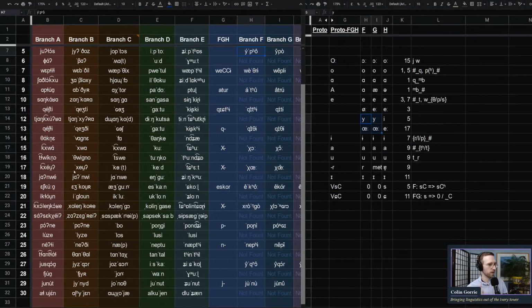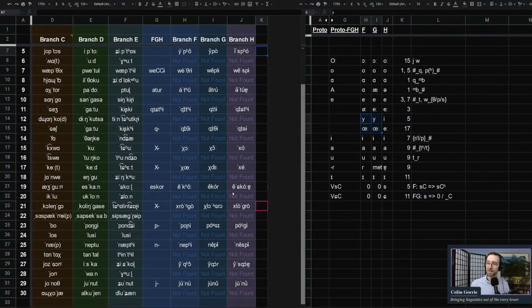We have this ew, ew. That makes me lean in favor of having a front rounded vowel in proto-FGH, which unrounds in H. So something like this. And since the length is there in all of the descendants, we can keep it.